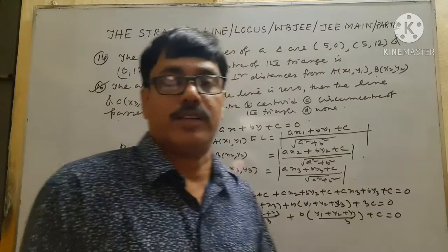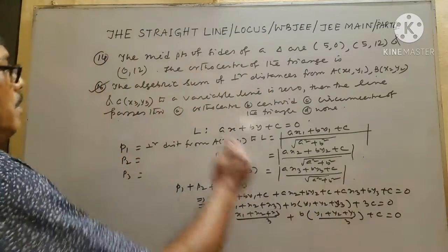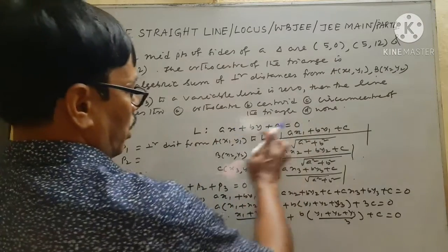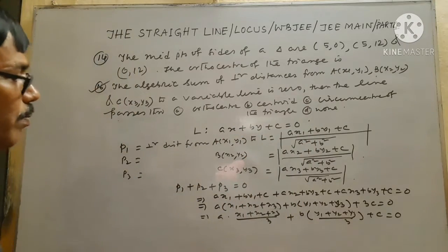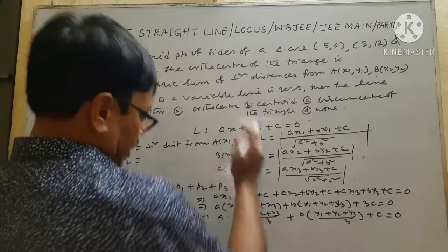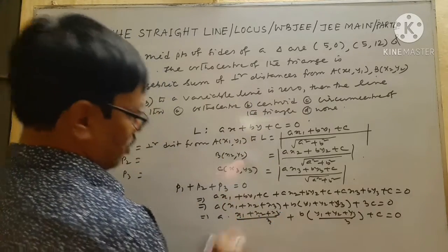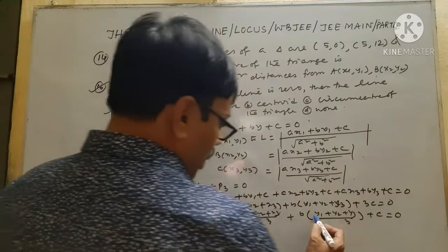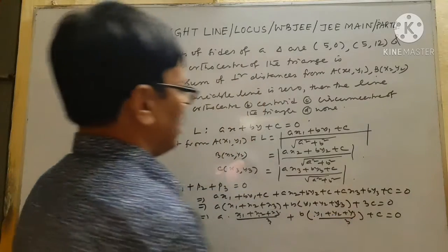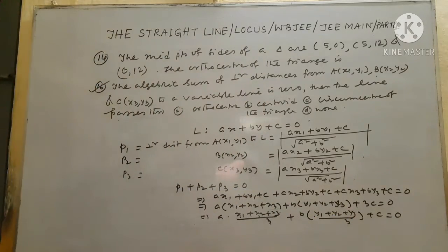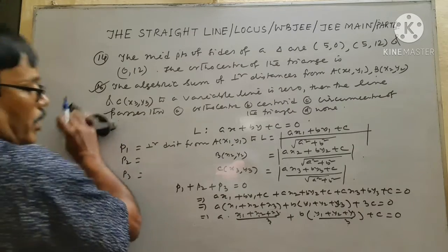Now look at this step. Our variable line is ax plus by plus c equals 0. So it is satisfied by (x1 plus x2 plus x3) by 3 and (y1 plus y2 plus y3) by 3.